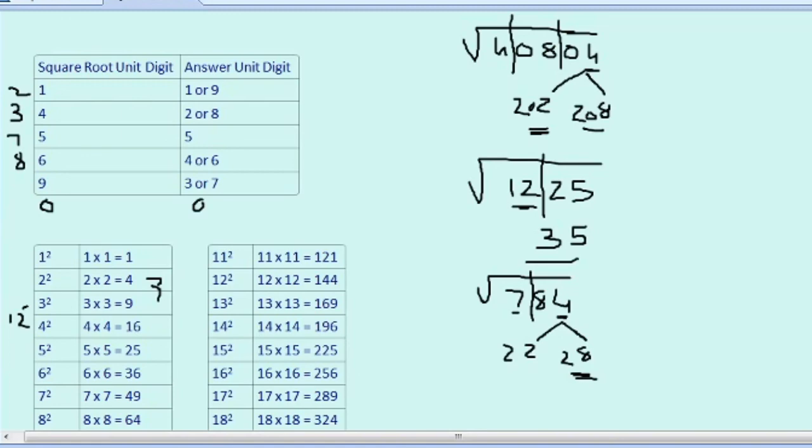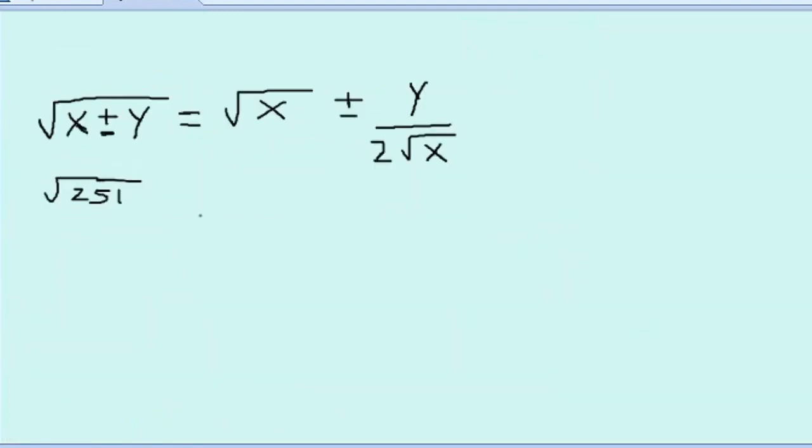So we will use that one only. We have to divide it into x plus or minus y, where x should be a perfect square. Our nearest perfect square is 256, which is 16 squared, and 256 minus 5 is 251.